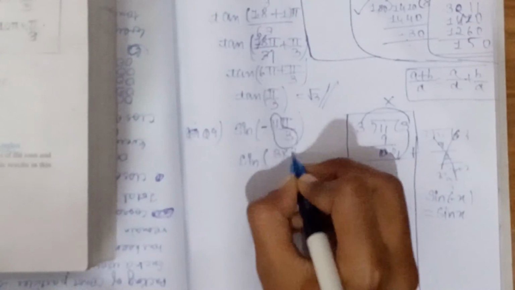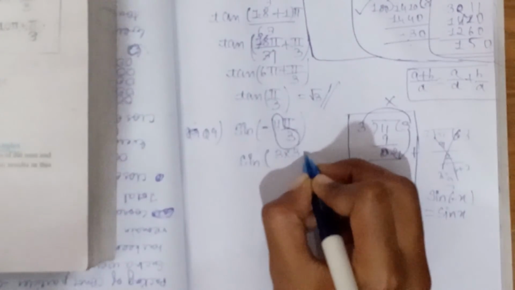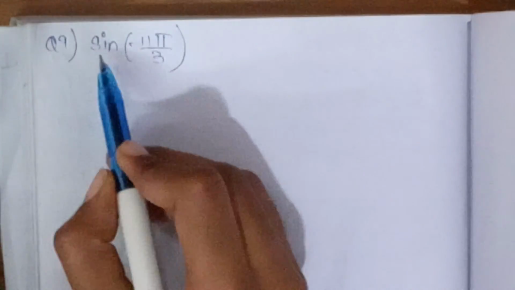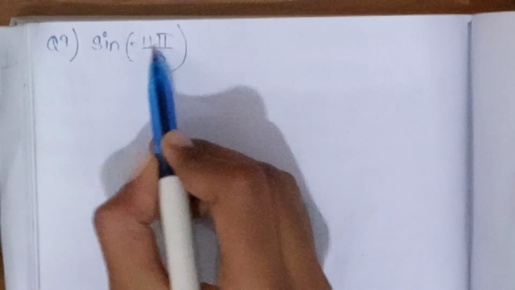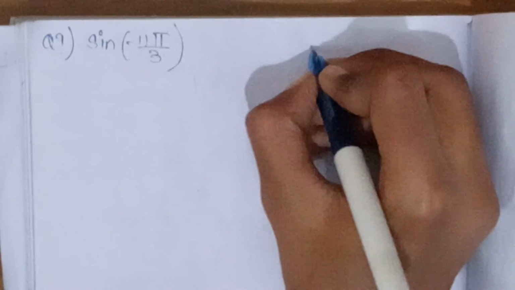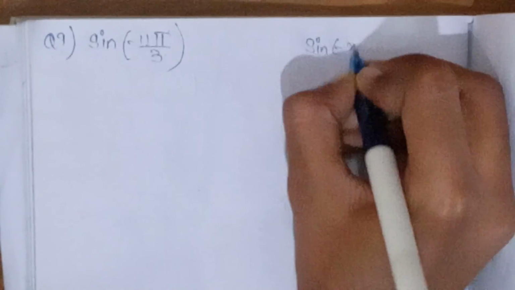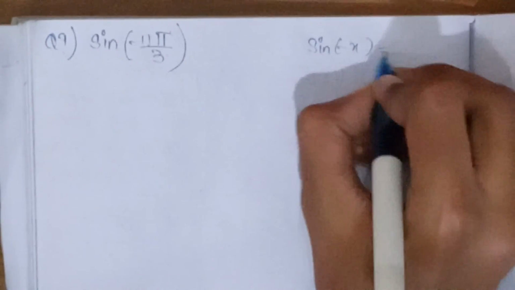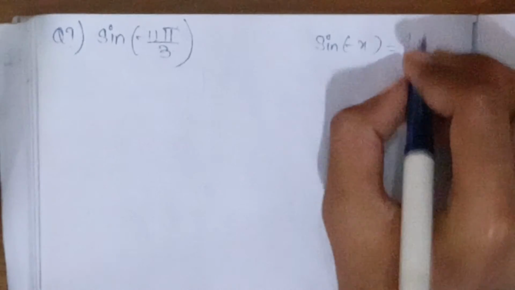So 3 into 3 plus. In the 9th question, what they have given is sine of minus 11 pi by 3. In the formulas I have said, sine of minus x, in that sine becomes plus.